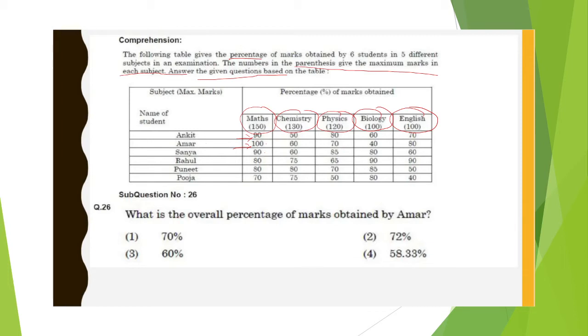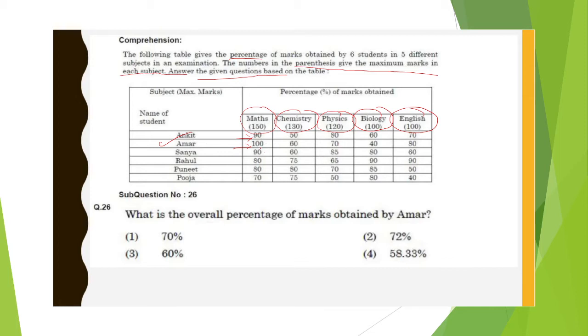First question: what is the overall percentage of marks obtained by Amar? Here is Amar. Please try to solve, then I will also explain how to find the overall percentage of marks.